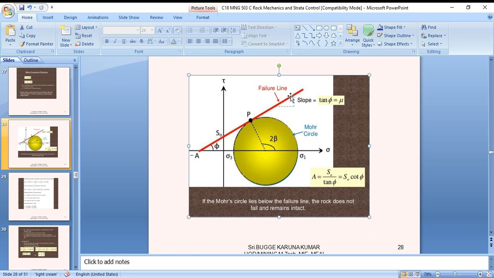Considering the above stress diagram, the steps to construct the Mohr circle are as follows. Construct a set of orthogonal axes and label the vertical axis tau, the shear stress, and the horizontal axis the normal stress.